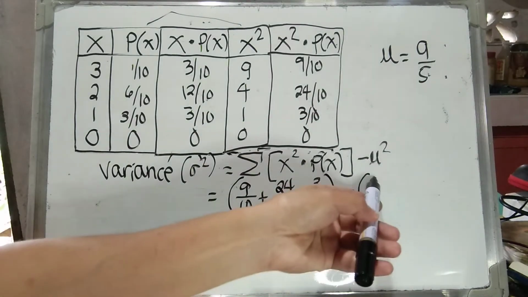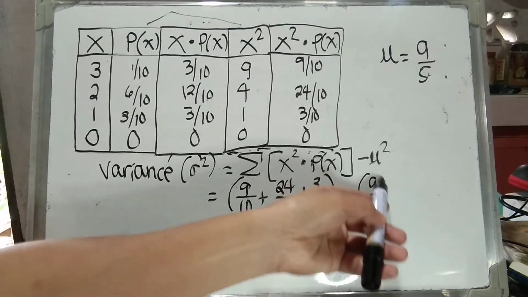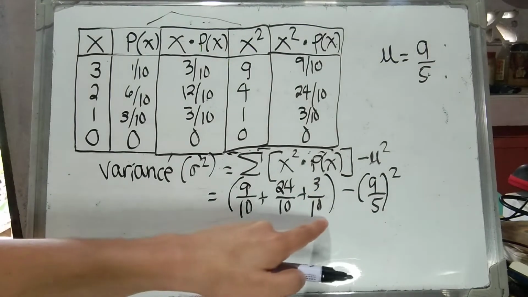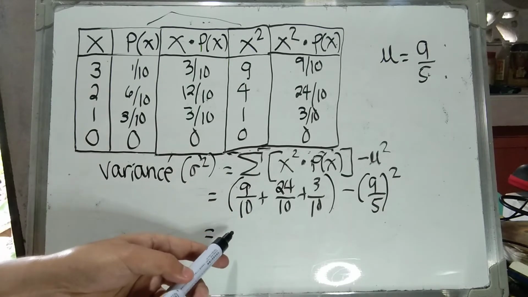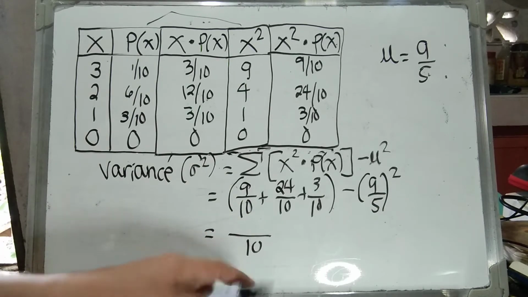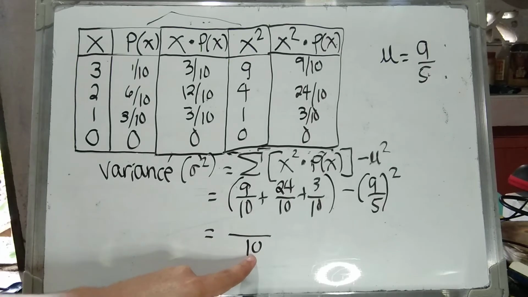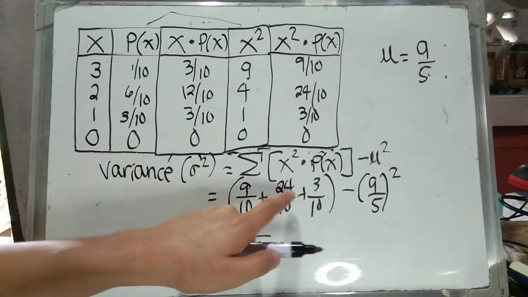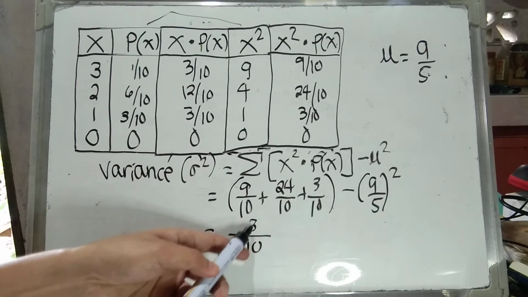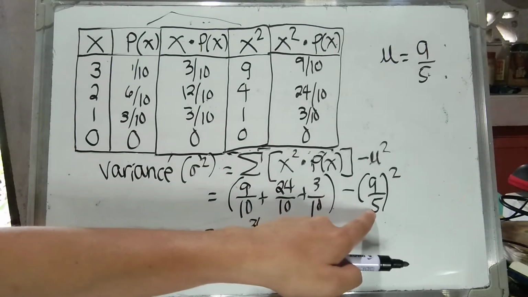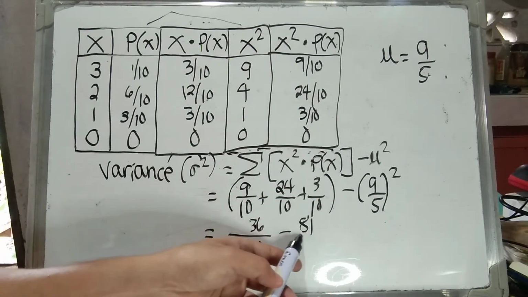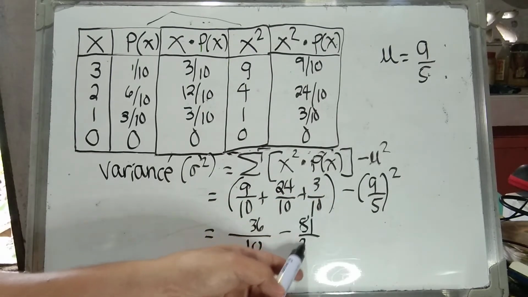Our mean is 9 over 5, and you have to square that. Simplifying what is inside the parentheses, since we have the same denominator, we copy the denominator and add all the numerators. 9 plus 24 is 33, plus 3 is 36. Minus the square of our mean, so 9 times 9 is 81, and 5 times 5 is 25.